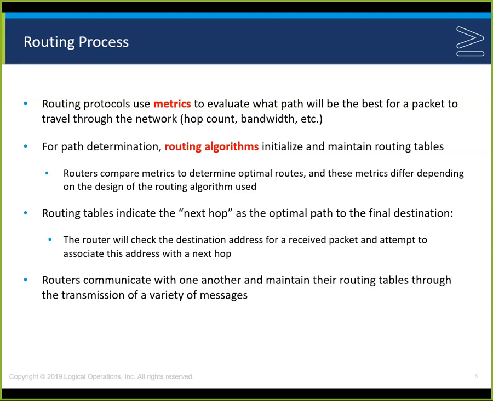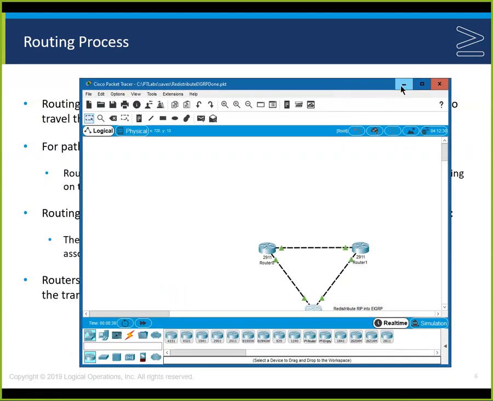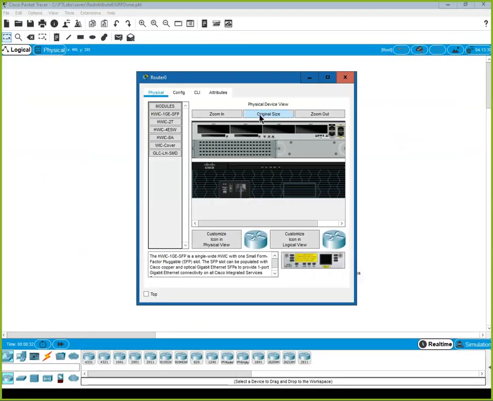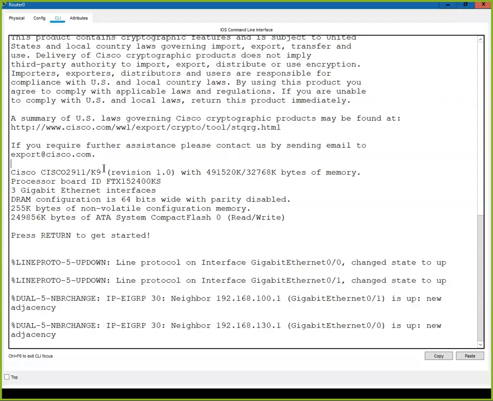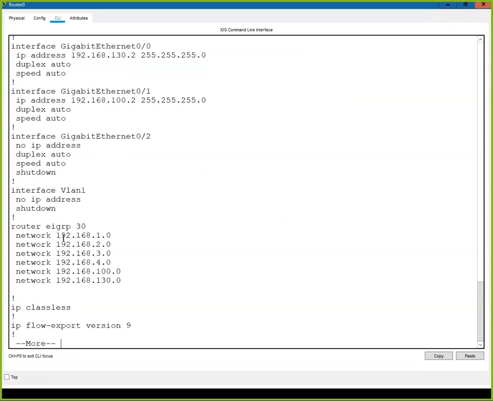The router, when it starts up, only knows about things that are connected to it. That's it. It then will advertise using a router command, using a network statement that says using the EIGRP protocol, and this is the autonomous system number, and we'll look at those when we do the configuration.